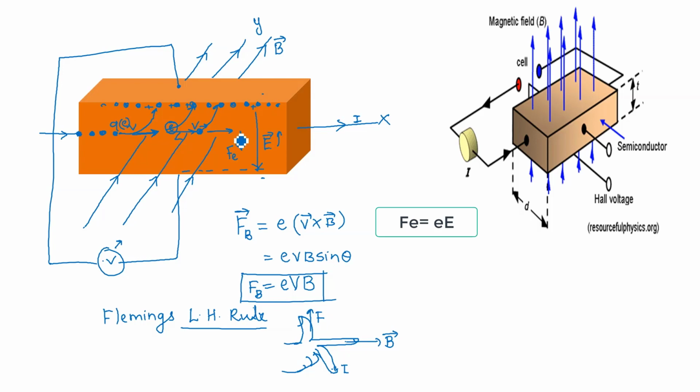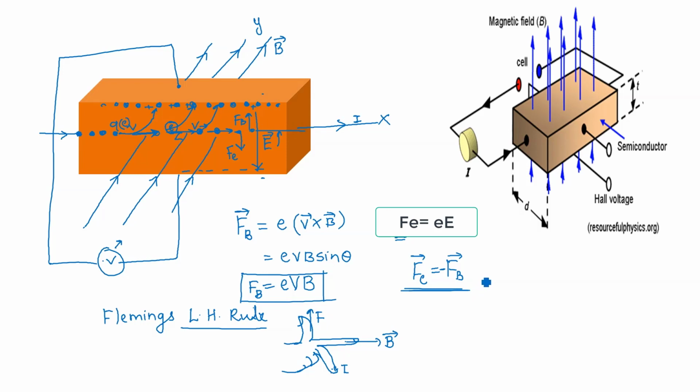Now if this electric force acting on the charged particle moving through the substance becomes the same as the magnetic force which takes the charged particle to the top surface, and once they become equal but opposite to each other, then the charged particles stop moving to those surfaces, and they will go directly through the substance without any deflection.